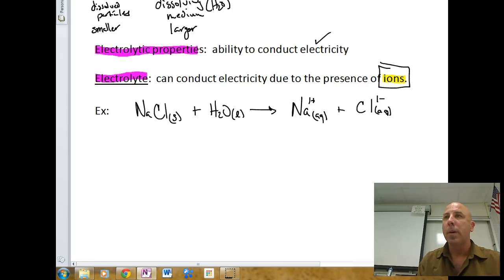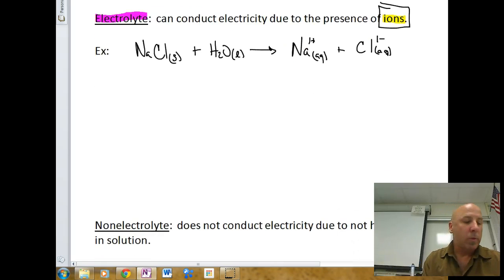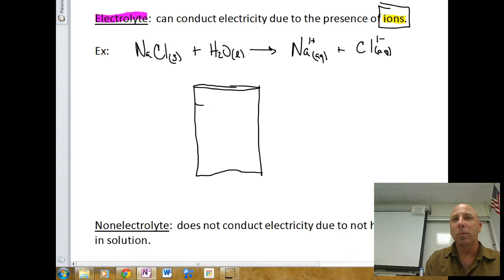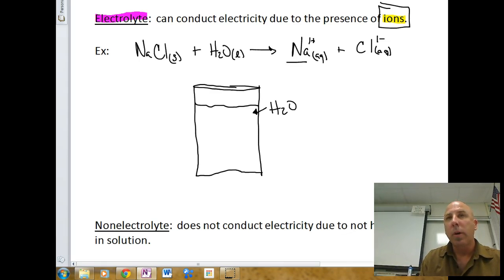If we were to draw a little model of this, I'm going to try to draw a beaker here. Our beaker is filled with water, there is our solvent, water. And if we were to put this in there, as we see above, we're going to have a 1-to-1 ratio of our sodium ions to chloride ions. Obviously, they're not going to be this big.